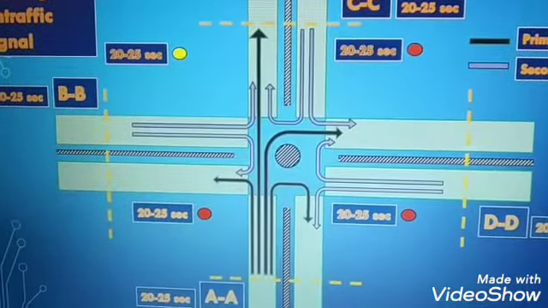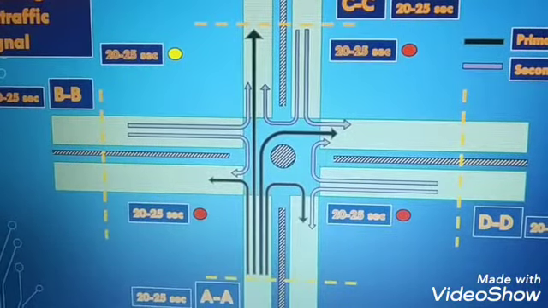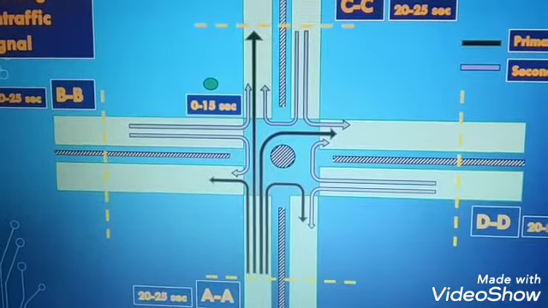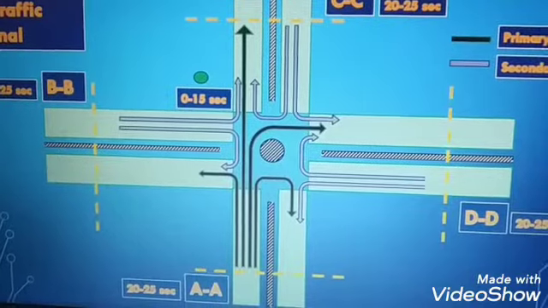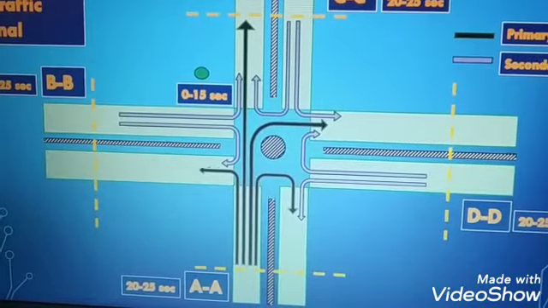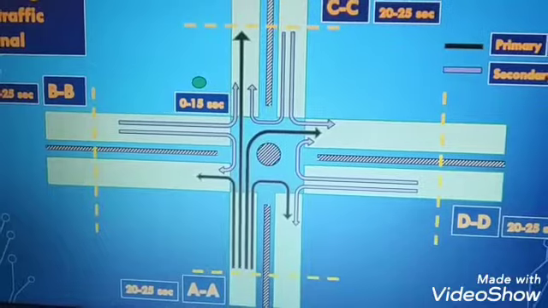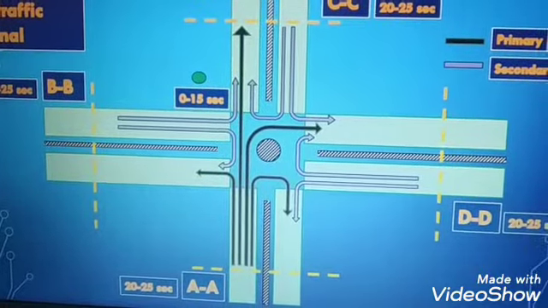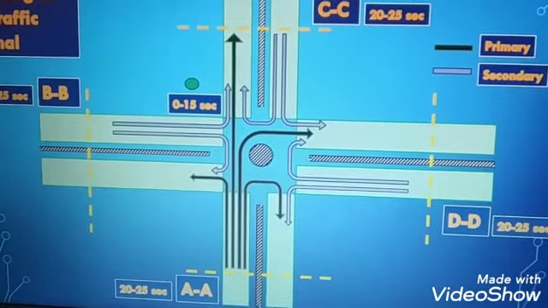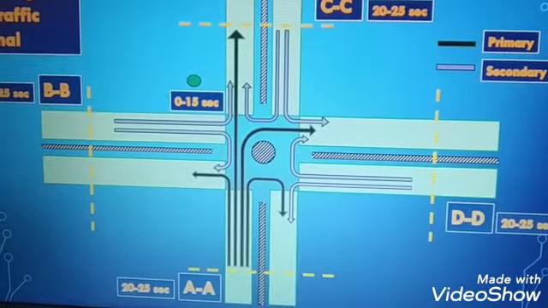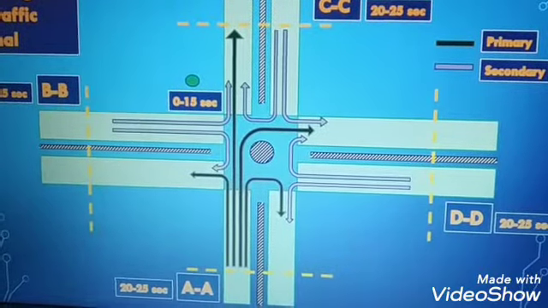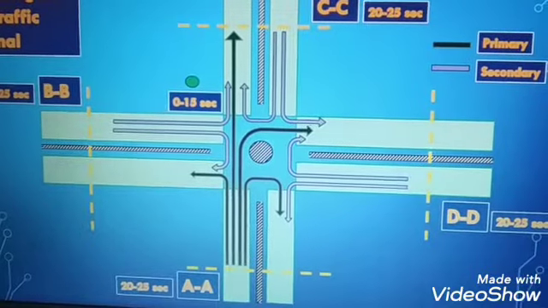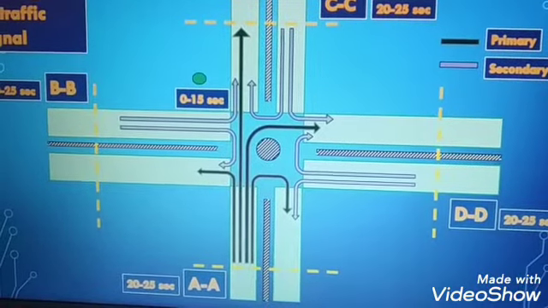So once the 25 seconds finish, BB lane will become primary, and all the black arrows that are shown here in AA will be shown on BB side, and all the other AA, CC and DD will be having the movement of gray arrows. So this will be helping in a smooth transition from AA to BB, BB to CC, and CC to DD becoming primary, and the cycle will repeat as explained previously.